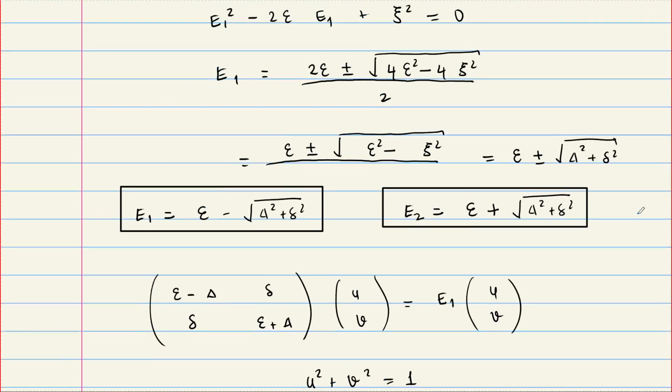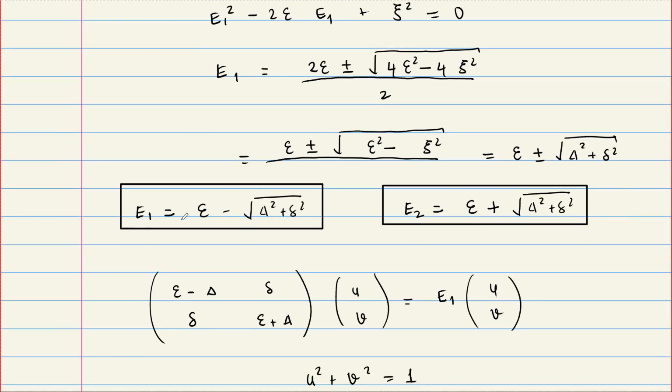But if you look at the E, delta squared plus delta squared here, there's a little algebra: delta squared plus delta squared is equal to E1 minus epsilon squared.